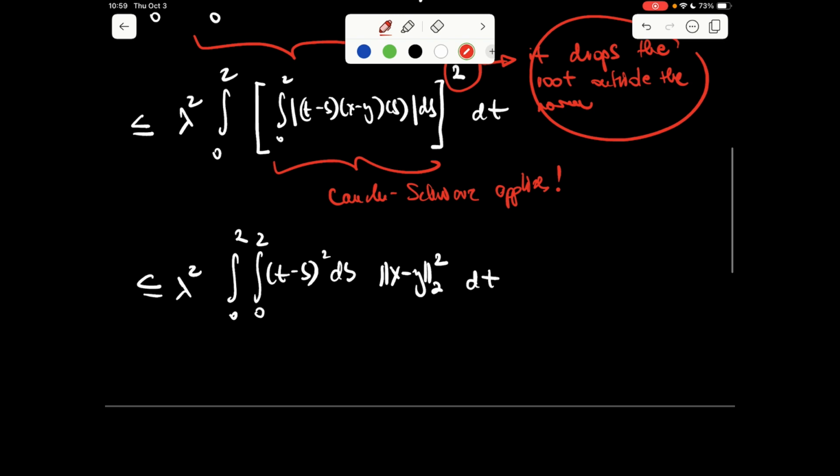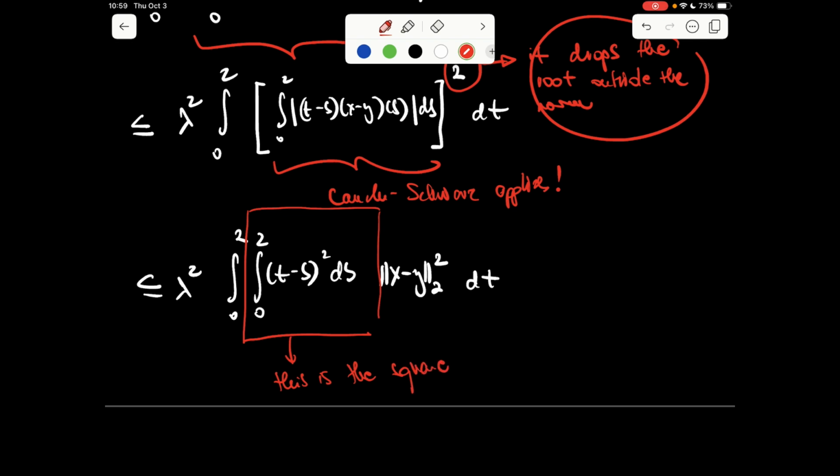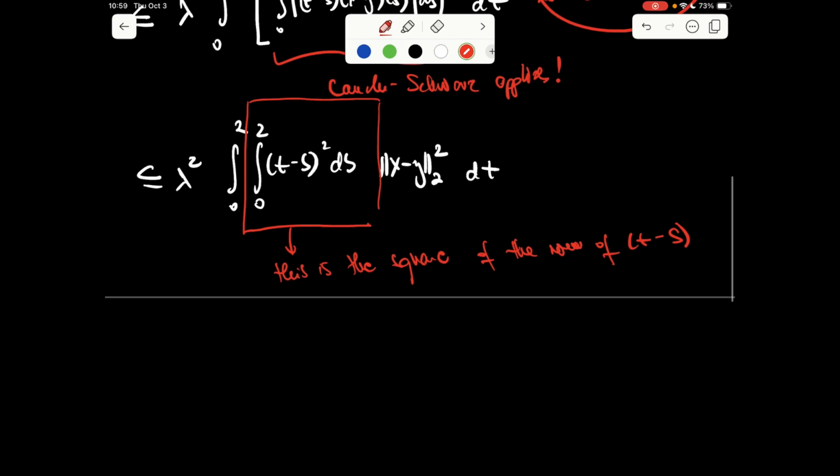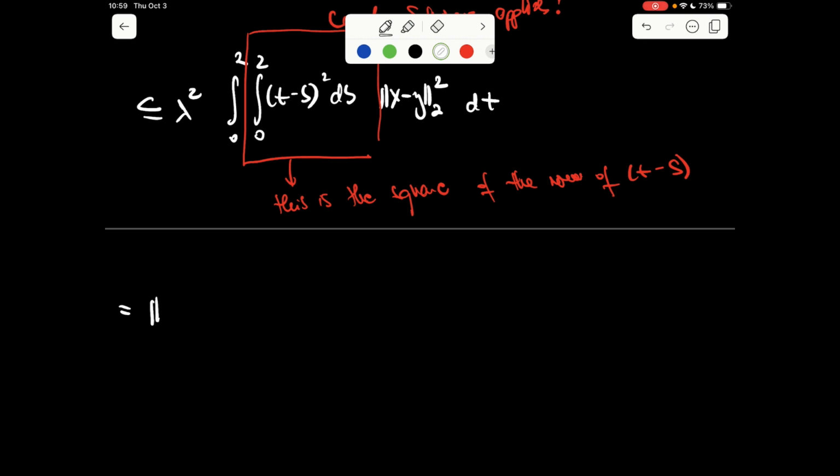So this is the square of the norm of t minus s. And the whole stuff equals this double integral.